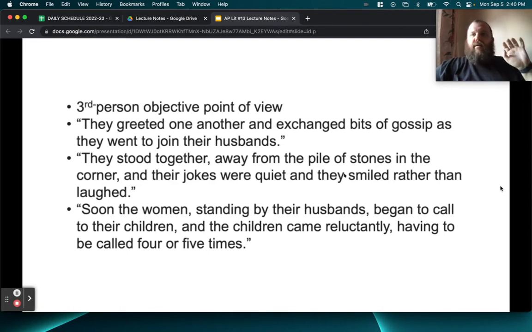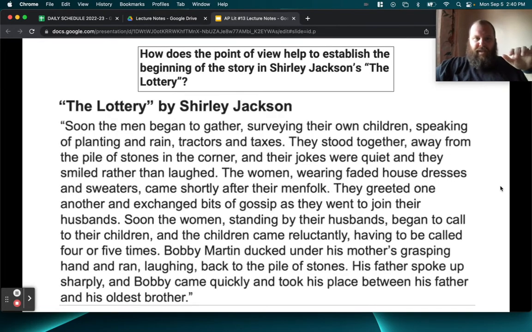We just see outward actions, right? I would say the closest we get to it is, I thought there was the word apprehension in here. Oh no, reluctance. Yeah, reluctance.